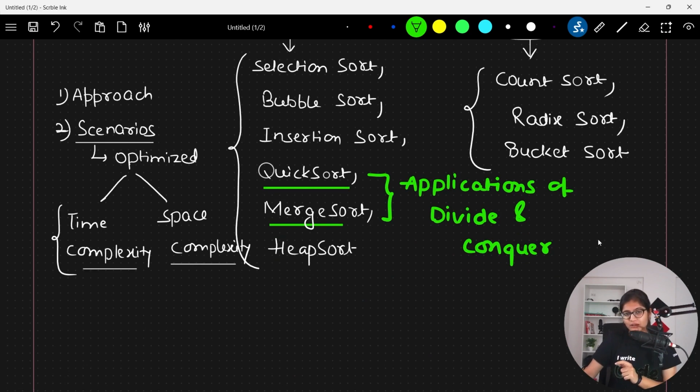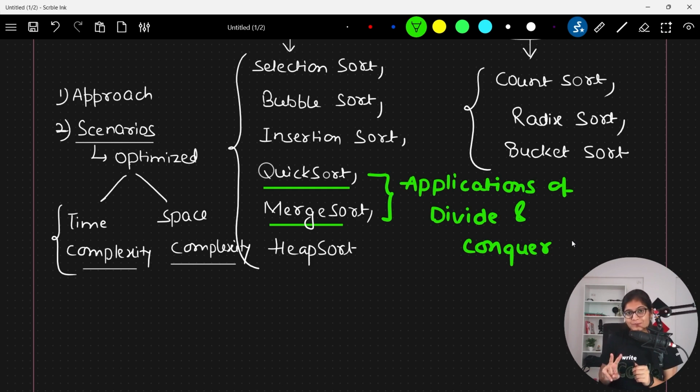Afterwards, I have also talked about what things you have to keep in your mind while moving towards the next videos, where we will talk about the different kinds of sorting algorithms that we have. One thing you need to see is how one sorting algorithm is different from another via approach, logically how it is different.